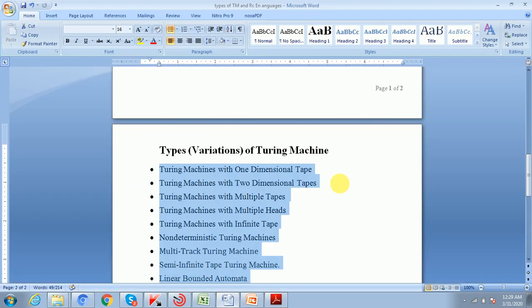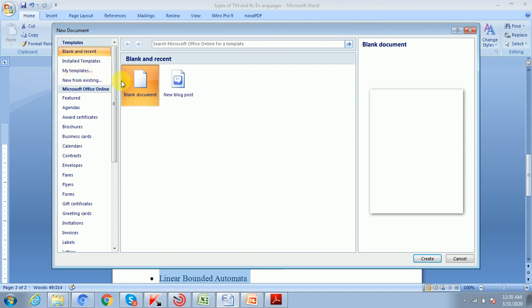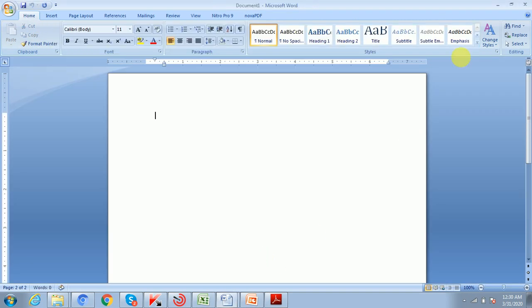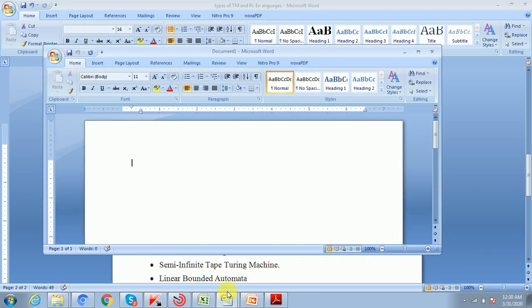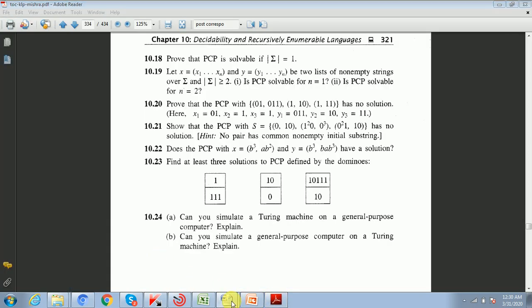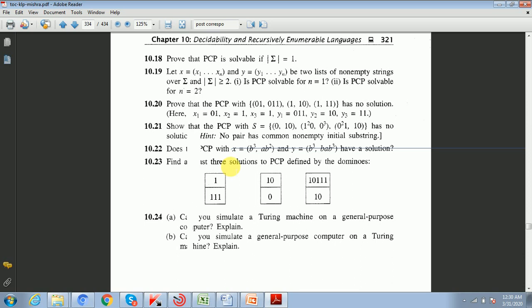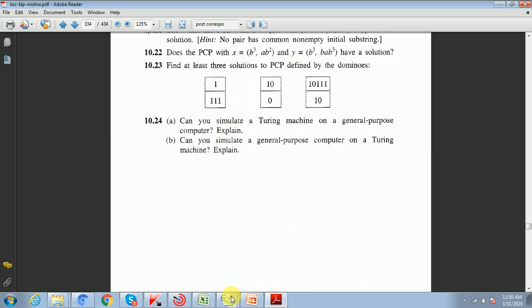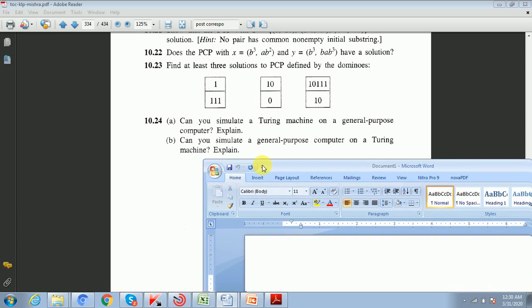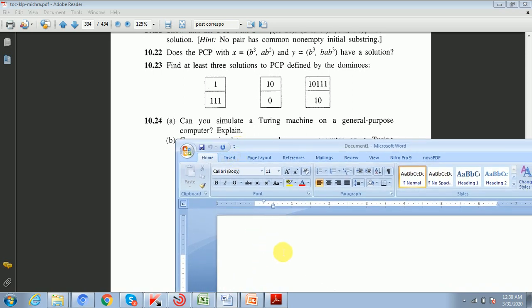So for example, we will practice in a new document. See here now, there is a scope for taking x3 and y3.